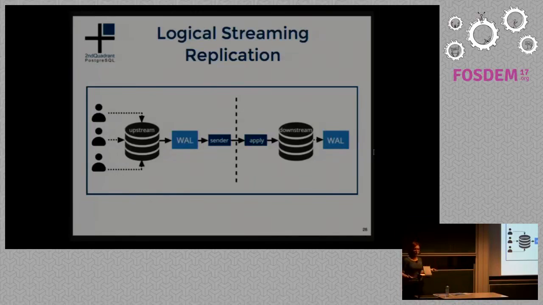Obviously, it performs better than trigger-based replication, for the reasons that I listed before, and it is built on top of logical decoding. It also allows synchronous commit. Why? Because we still have this same protocol for WAL, so you can still do synchronous replication.